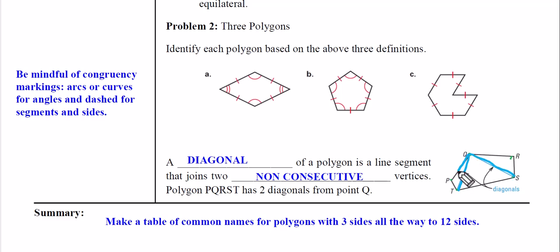We don't draw from here to here because that's a side. So that's not a diagonal. A diagonal actually goes through the inside of the shape. So, for example, from vertex Q, I can form two diagonals. If we look at problem 2, part A, and let's say I pick vertex A, I can draw one diagonal from A to D.